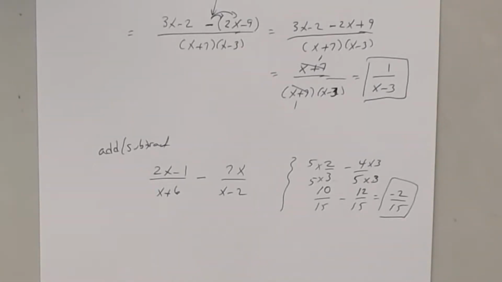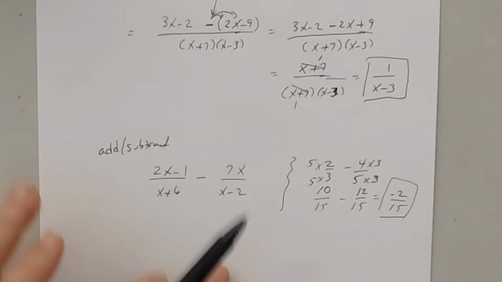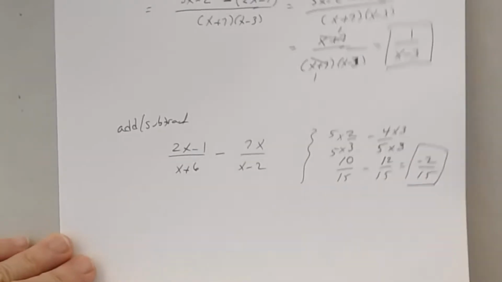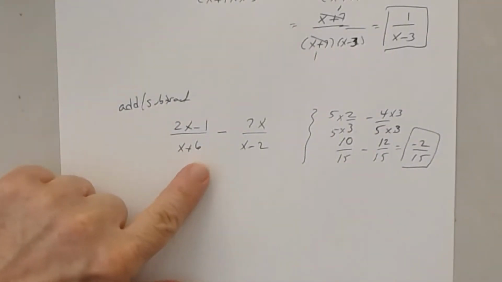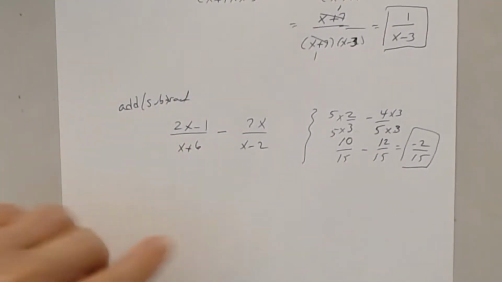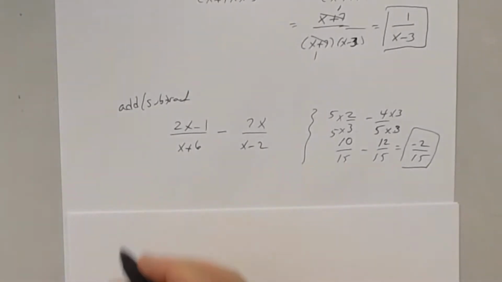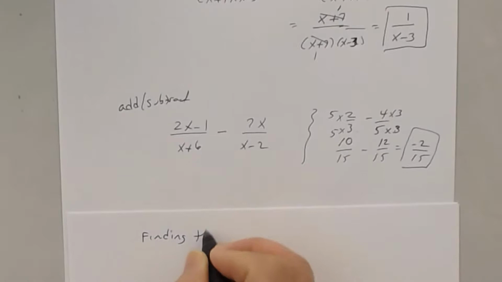So this was review to what we're about to do. Now remember, this part we're going to do next class period, where we actually do the work here. But before we do that, you need to know how to find the least common denominator. So finding the LCD.